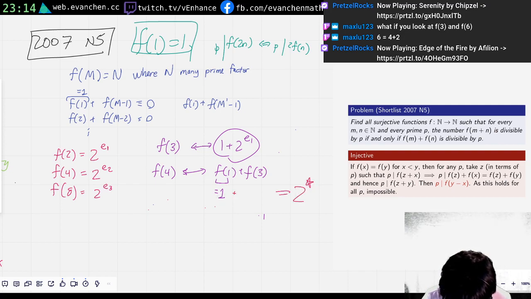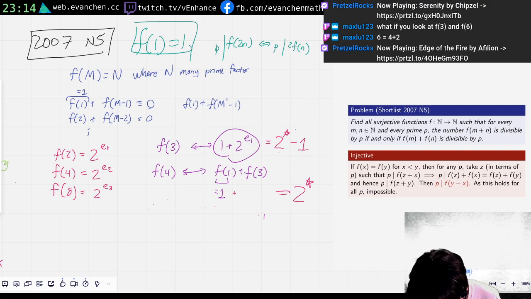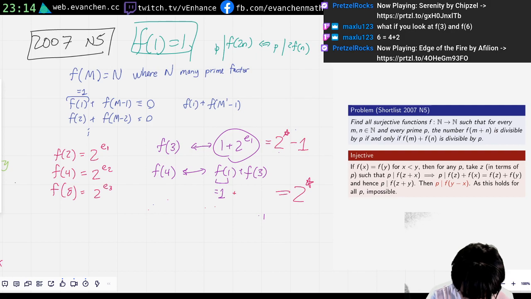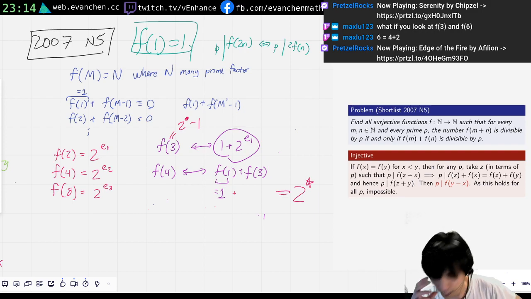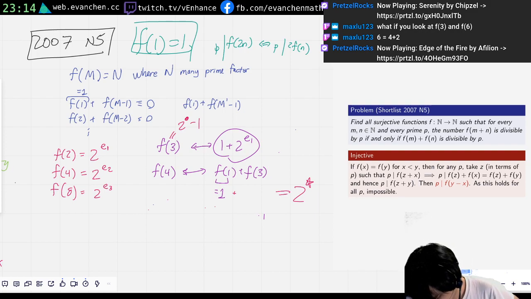So this is equal to... or, sorry, that's in the wrong place. Maybe this doesn't actually imply anything then. So this is equal to 2 to the something minus 1, and it should have the same prime factors as 1 plus 2 to the something. Does that do anything for me? I don't know if that does. It rules out some cases.